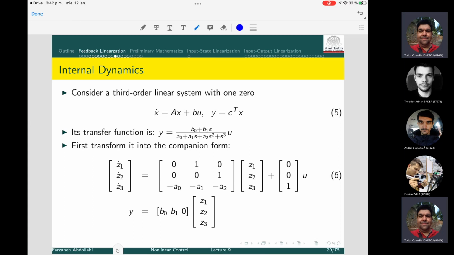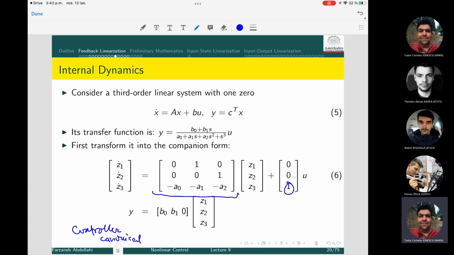You can very easily transform this into the controller companion form. So this is controllable, yes. This is controller canonical, this form. You see here, the 1 here, and this companion form of the matrix.